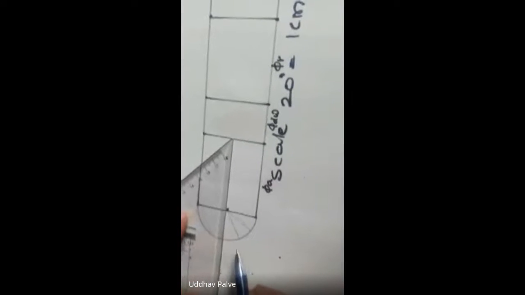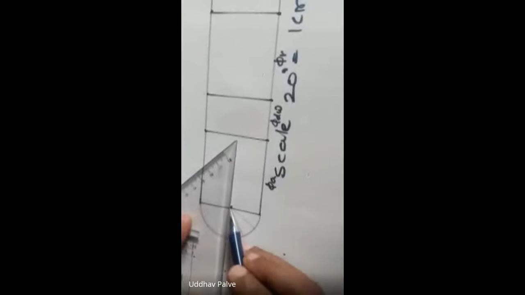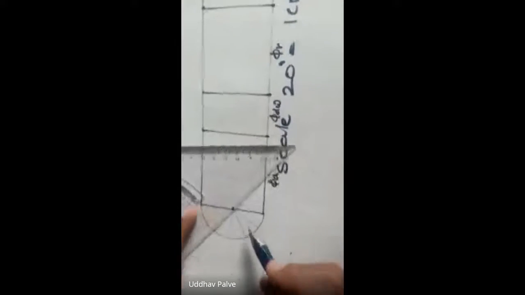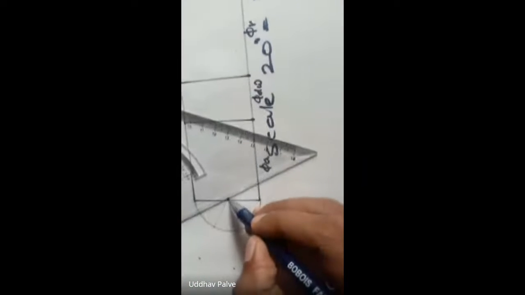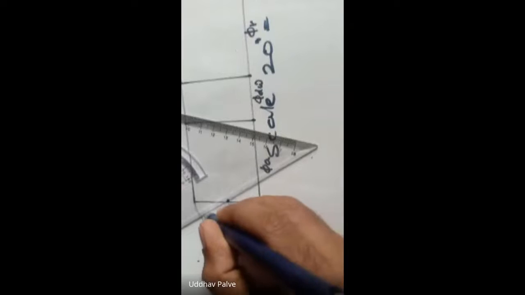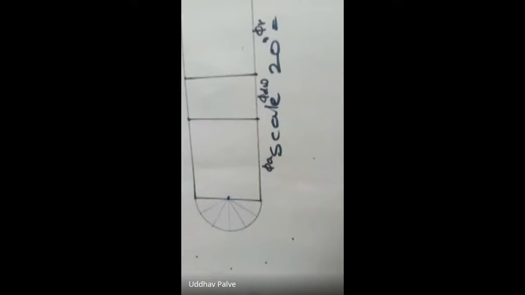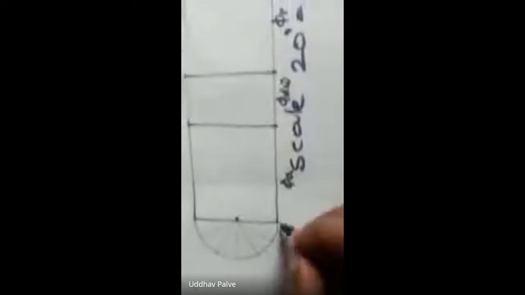This is my first division, second division, third division. So I've divided this into 6 equal parts: initial point, second point, 4, 5, and 6. These are the 6 points.